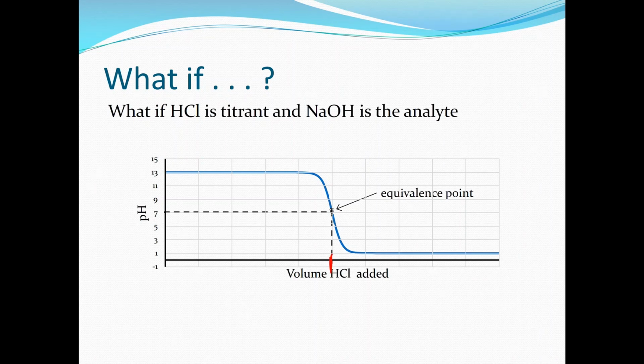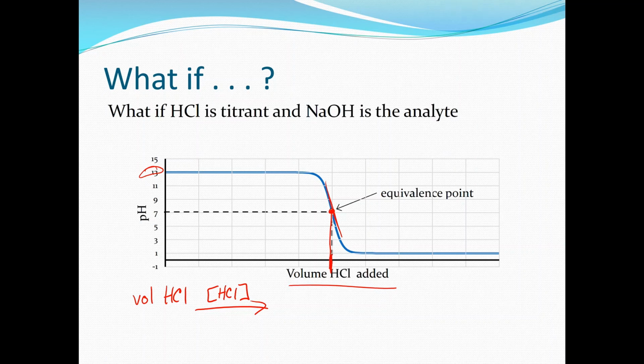So what you would end up doing in the lab here is you would use your pH meter, you'd put your pH meter into the solution, you would start to take pH data as you added that hydrochloric acid to the mix. You would then use your analysis software to figure out where that steepest slope is. You'd find your equivalence point. From that equivalence point, you would know the volume of your hydrochloric acid. And in this case, if hydrochloric acid is our titrant, we know the concentration of the hydrochloric acid because it's our titrant. It's the thing we know about.